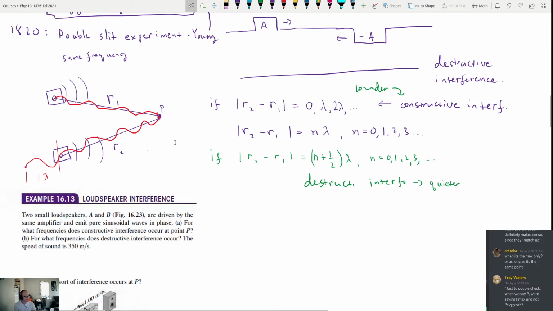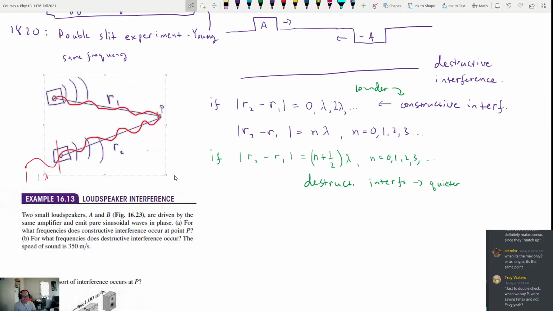And the answer is no, because in a room where speakers are producing sounds, those sounds reflect off of the walls, and the reflection off of the walls prevents this from occurring. You have to have these things only producing sound and have the sound waves themselves uninterrupted. So you'd have to be like out in a field or in a large gymnasium or something like that.